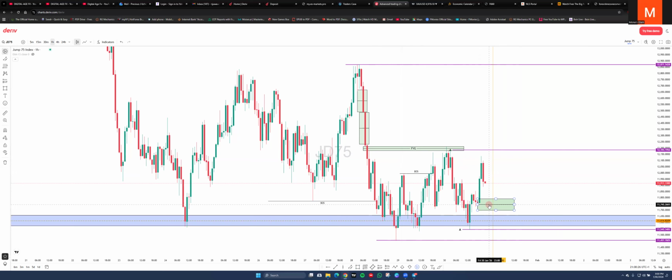If we were to buy this market, we have to wait for it to come here before we buy, right? Because there was a break of structure here, or change of character, whatever they call it.